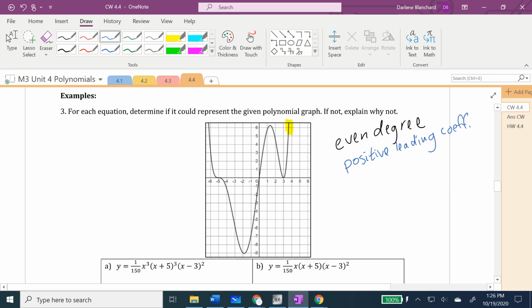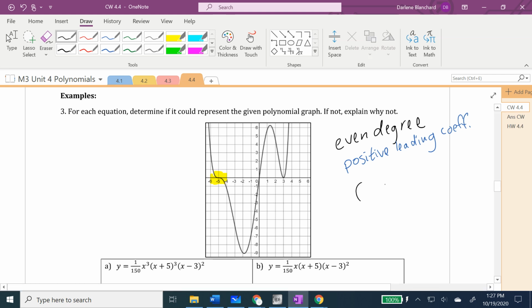Now, let's take a look over here. What I just highlighted, what does that tell you about the factored form of your polynomial? You got it. That is exactly it.